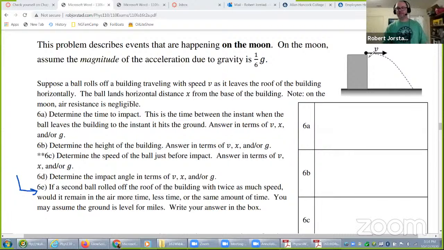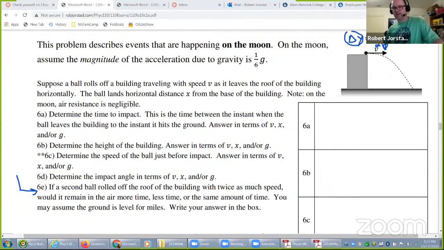So remember that the time to impact is given by, we know that delta y is going to be the same, and that's going to equal 1/2 g t squared with a negative, because the initial y is 0, and this doesn't change.